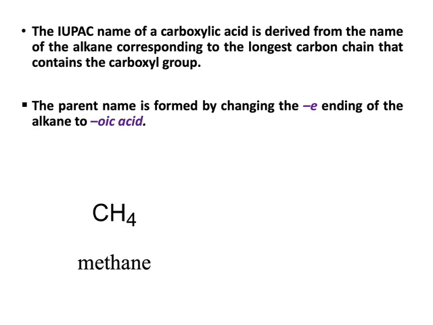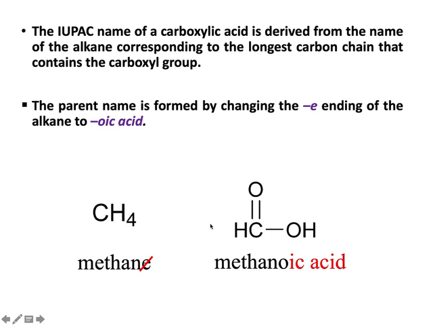So the parent name ends with oic acid. Like this, methane. Once this structure is attached with the double bond O and also hydroxy, the parent name of this compound becomes methanoic acid.